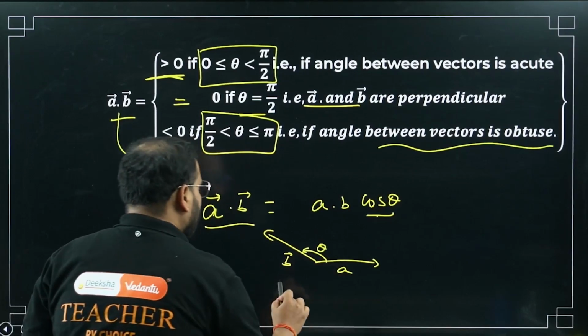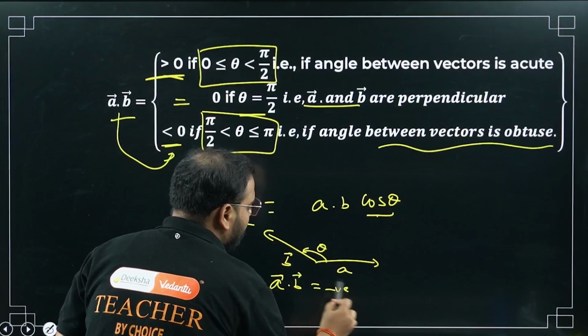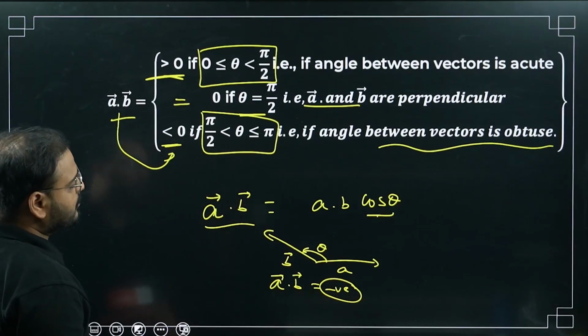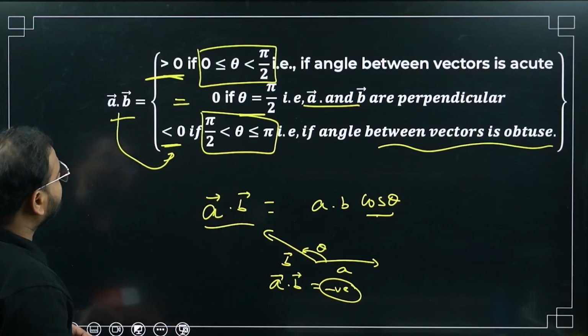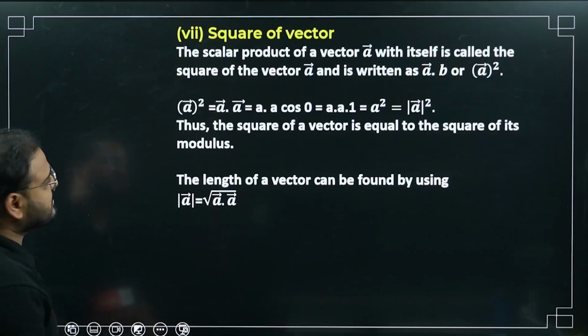What will happen? The dot product of vector A and B will be negative, provided A and B are positive. Great, so this will be negative. Moving on. Yes, that's the summary of it.